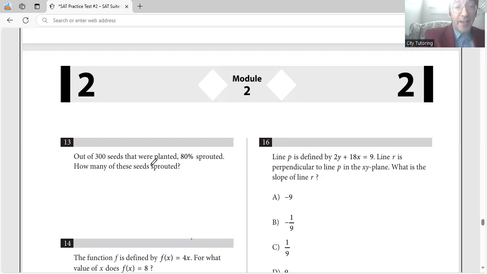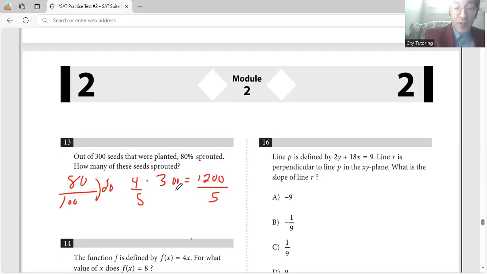Basically it's 80 out of 100 because all percents are out of 100, but I can reduce this, thankfully. There's a common factor of 20. 20 goes into 80 four times, 20 goes into 100 five times. So that's 4/5 of 300, which gives me 300 times 4 is 1200, and 1200 divided by 5.